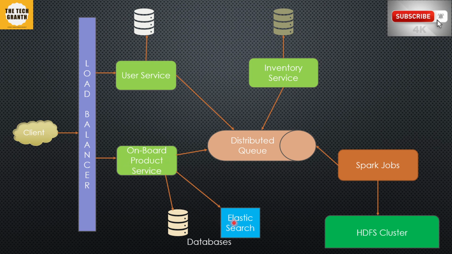Why this is required is because we need to index the description, the heading, whatever we have got from the user, or the category, into Elasticsearch, so that when someone searches in a text box, that facility is available to the consumer. So whatever detail is captured by this client from the UI should be inserted both into a database and into the Elasticsearch database.